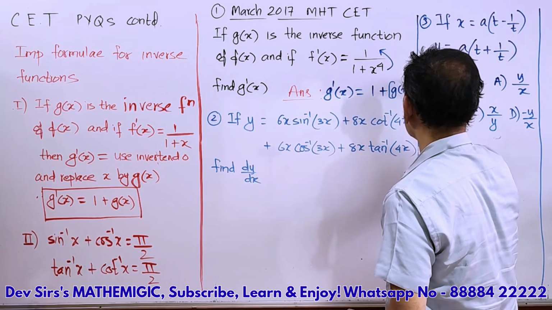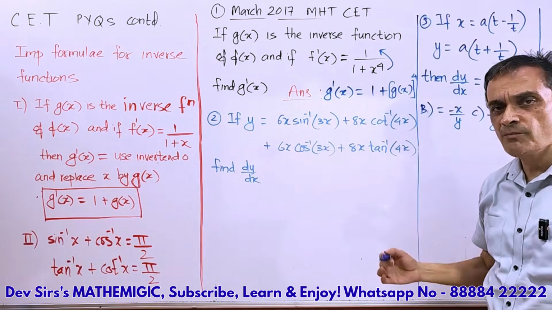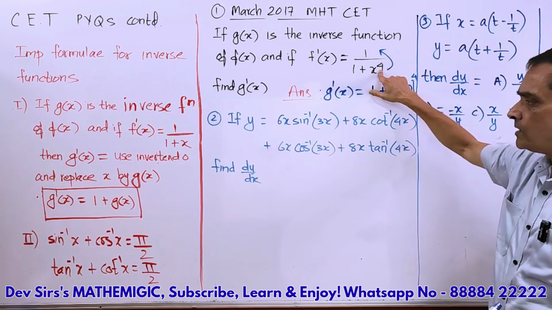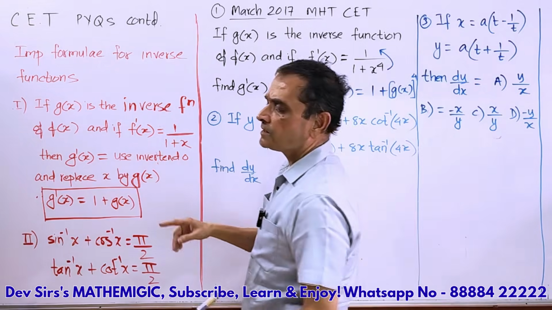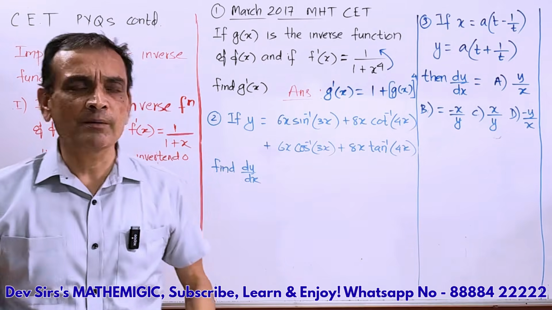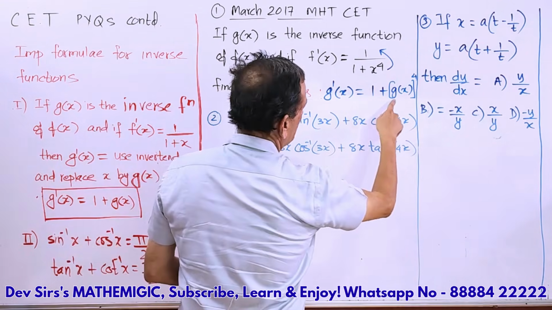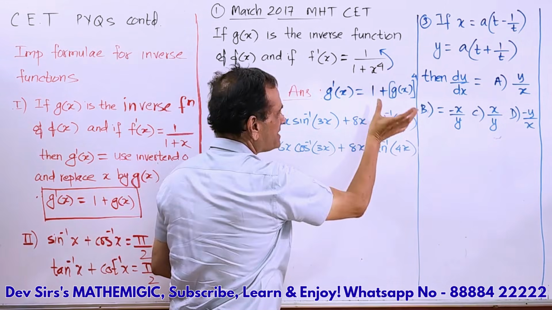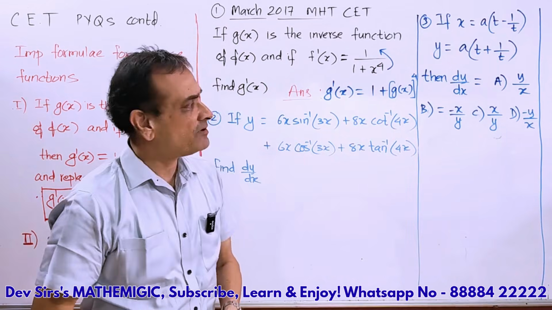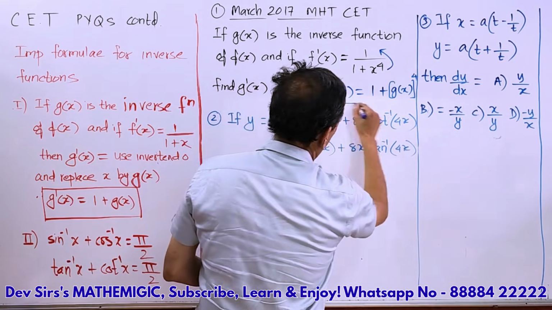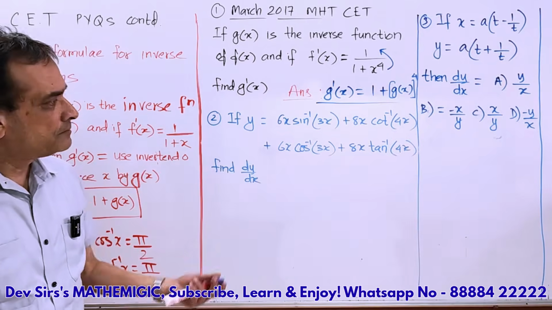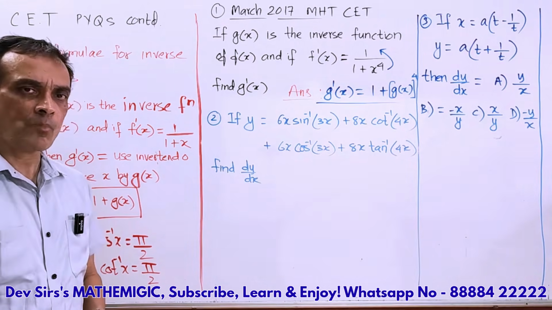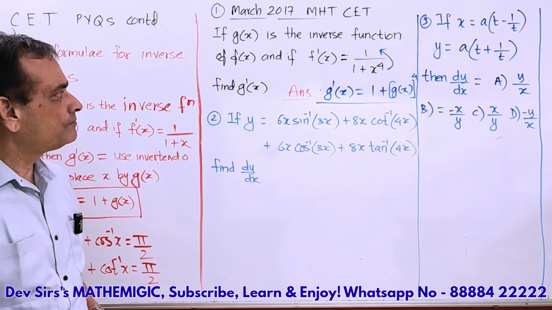But you have raised to 4. Simple, right? Supposing if it was raised to 5, as given in certain practice sums and model papers, then you will get gx raised to 5. So replace x by gx and take the reciprocal. There is one shortcut formula that you have learned for today. Clear? Finished fast. Shall I go to the next one?